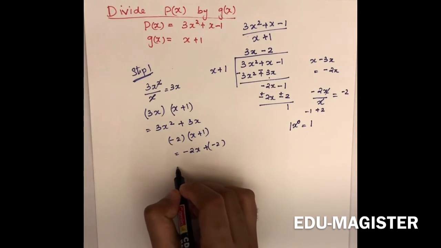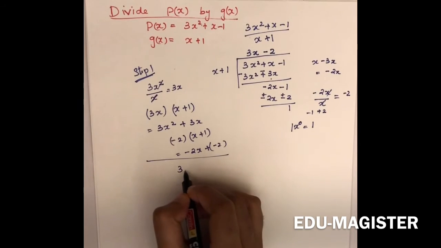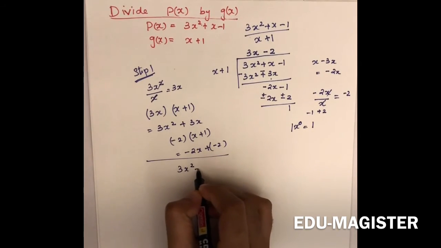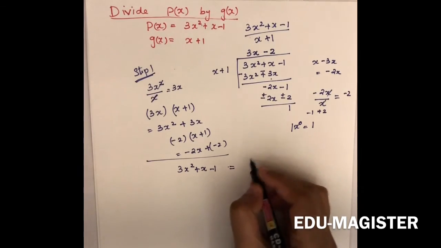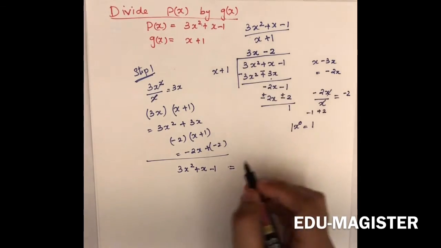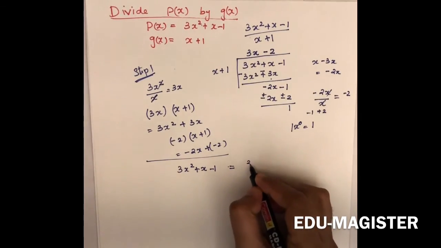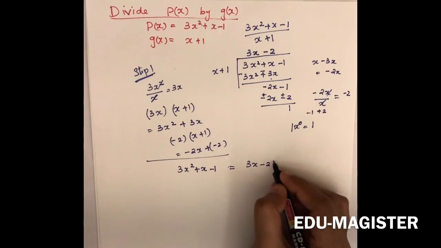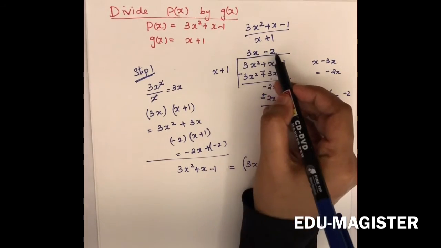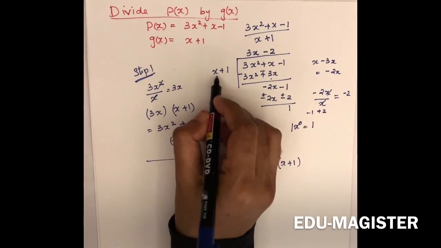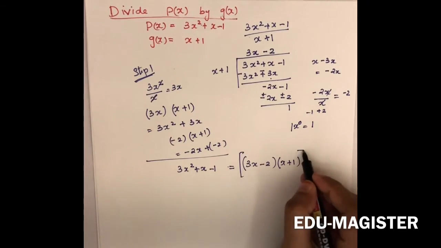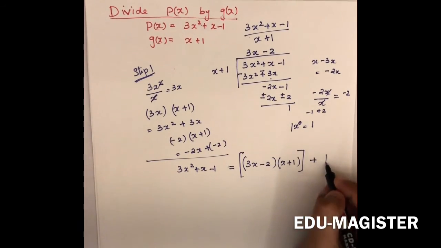And now we can write this as 3x square plus x minus 1, that was my dividend, is equal to 3x minus 2, that was my quotient, multiplied with x plus 1, that was my divisor, plus 1.